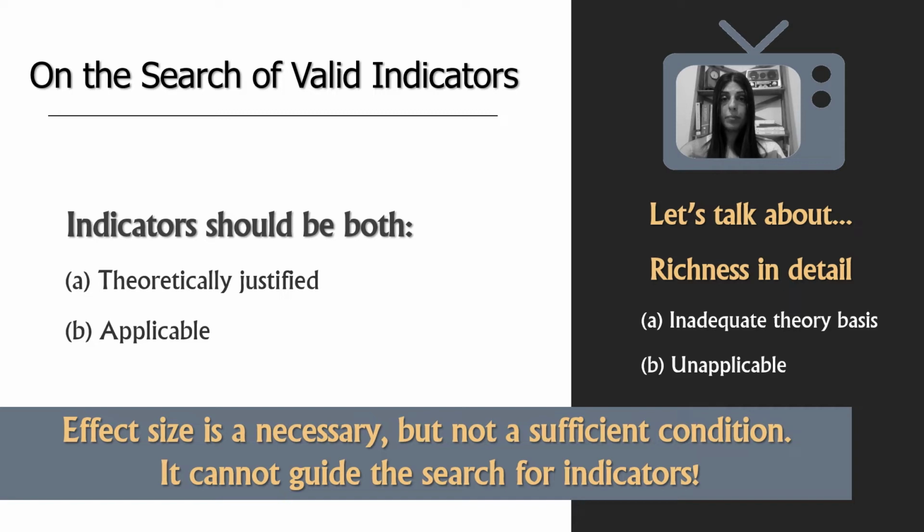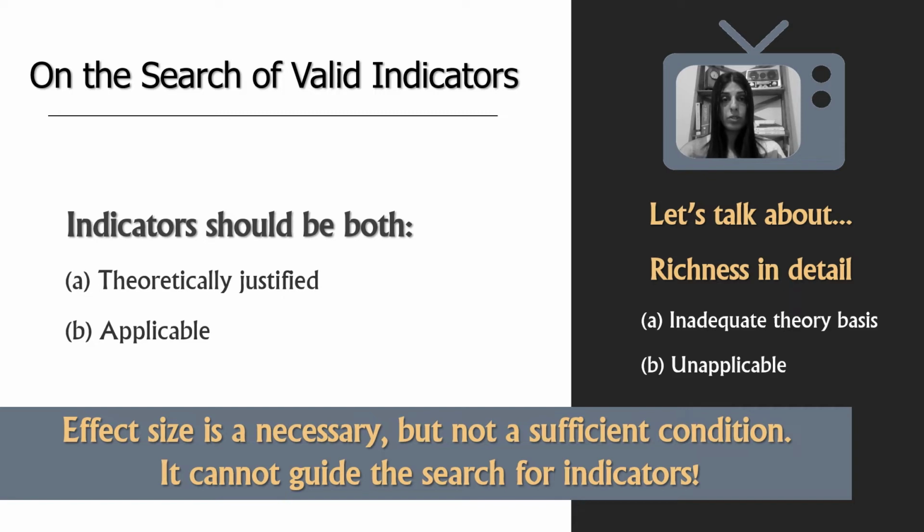Regarding applicability, as we showed in our study, richness in detail is sensitive to countermeasures and does not allow decisions in single cases due to individual differences in verbal style and ability. It was surprising, therefore, to see recent advice to prefer richness in detail over indicators which show better theoretical relevancy and higher applicability.